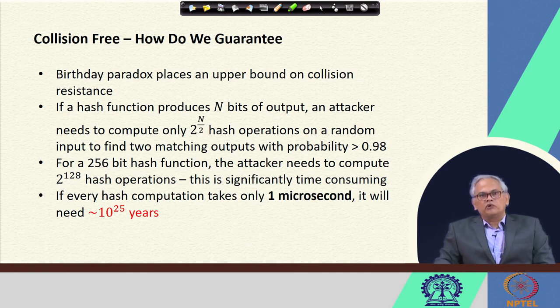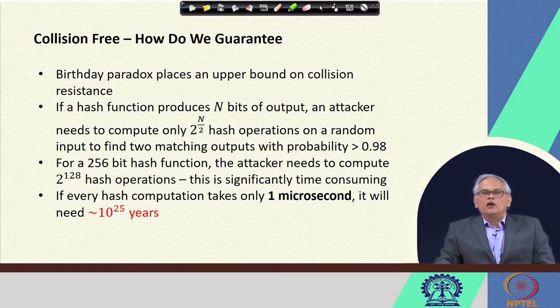To put it in proper perspective, for a 256 bit hash function, the one that is usually used in blockchain, the attacker needs to compute 2 raised to the power 128 hash operations, which is really time consuming. Even if each hash can be computed in 1 microsecond, it will take close to 10 raised to the power 25 years to find two such messages which have the same hash value.